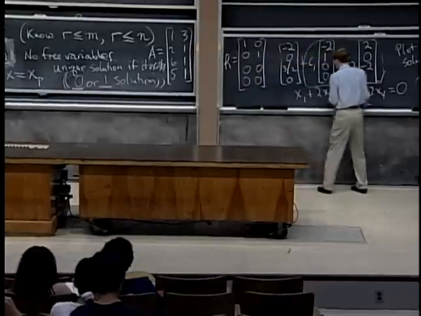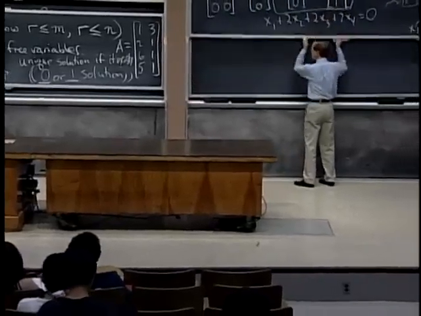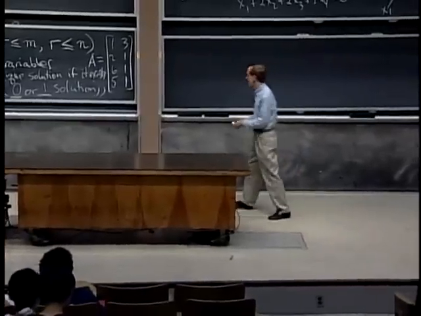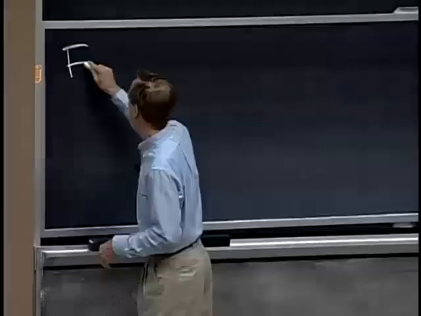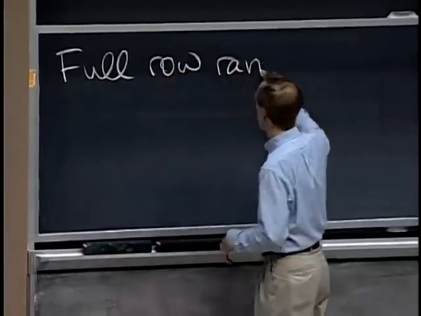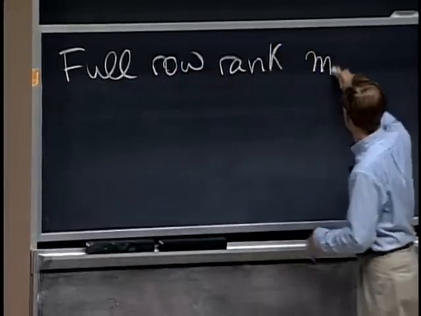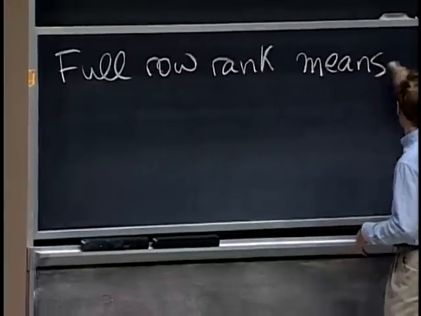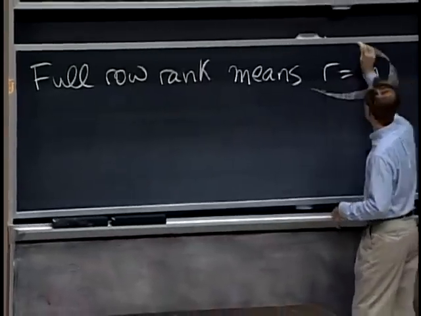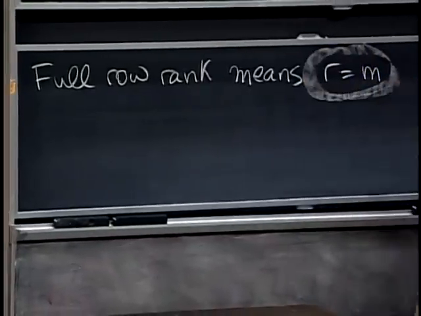Now I go to full row rank. You see the sort of natural symmetry of this discussion. Full row rank means r equal m. So this is what I'm interested in now. r equal m.